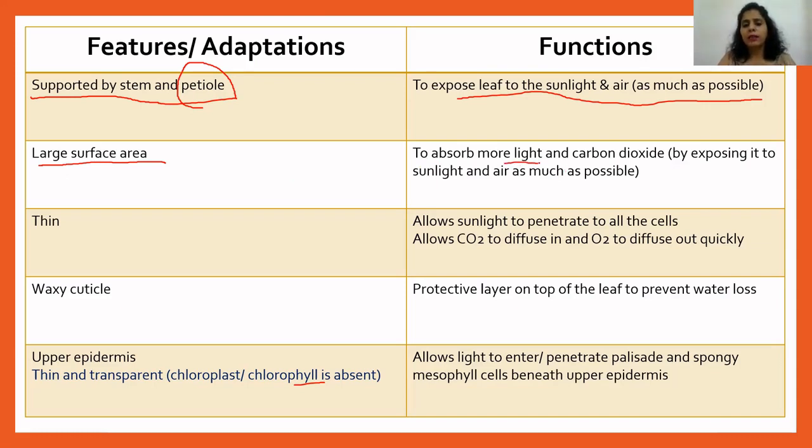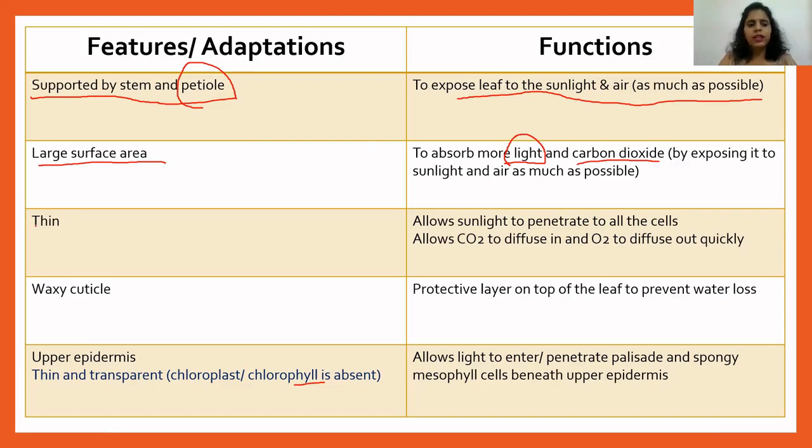Light is important for photosynthesis, and carbon dioxide gas is also important, isn't it? Carbon dioxide is one of the very important raw materials to make glucose, and sunlight provides energy for photosynthesis. So the large surface area helps the leaf to absorb as much light and carbon dioxide as possible.